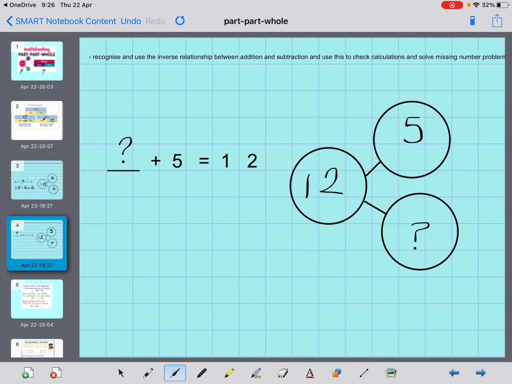I can work this out by doing 12 take away 5 equals, and I know that is 7. So I swapped the numbers around that I already had to help me figure out that missing number.